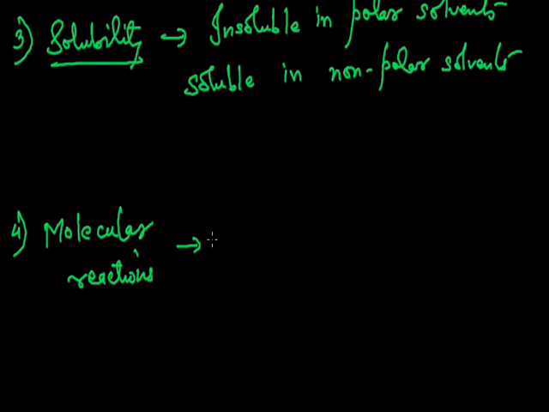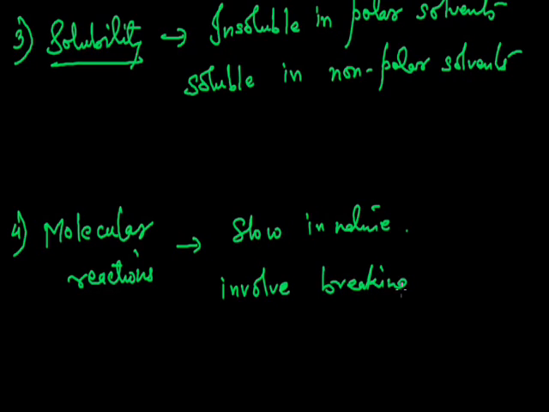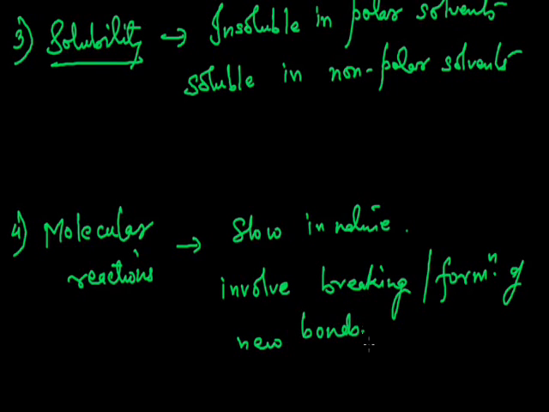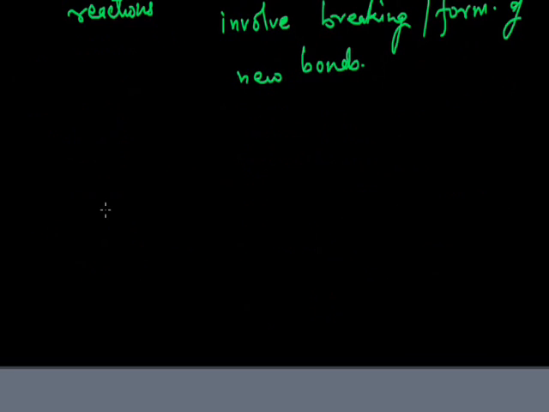Covalent compounds undergo molecular reactions which are generally slow in nature, and such reactions involve breaking and formation of new covalent bonds. We can understand it with the help of an example of formation of HCl from the molecules of hydrogen and chlorine.